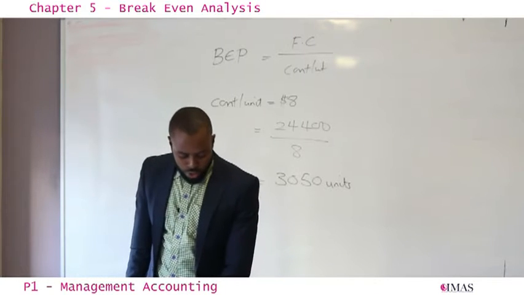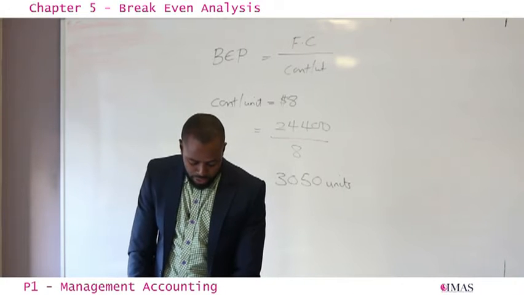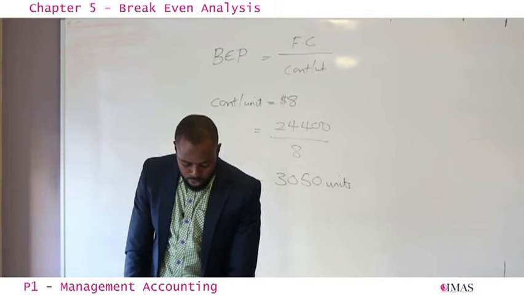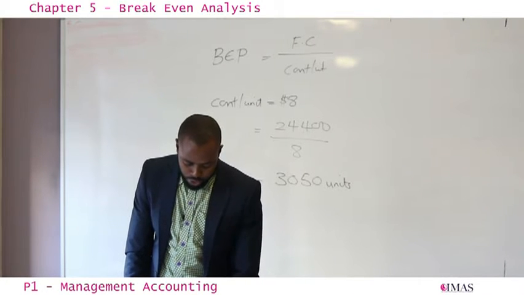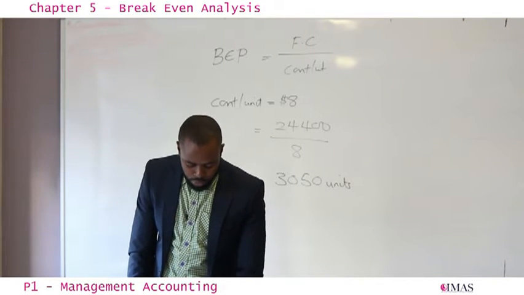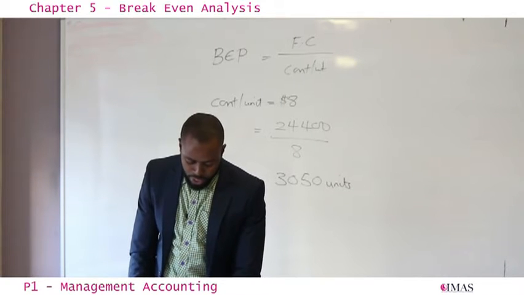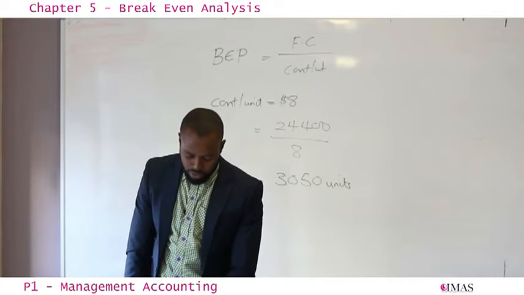Then the scenario continues and says, a new production method is currently under consideration that would increase fixed cost by 30%, but would reduce variable cost to $5. The superior quality of the finished product would enable sales to be increased to 8,500 units per annum at a price of $15 each.